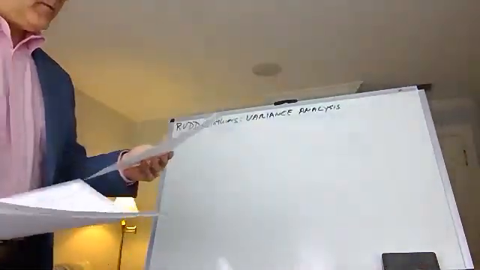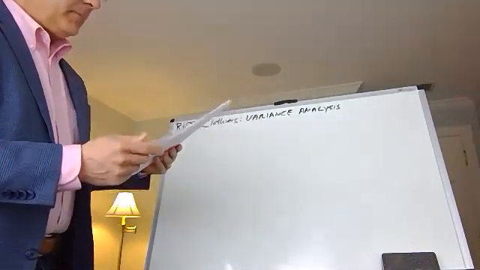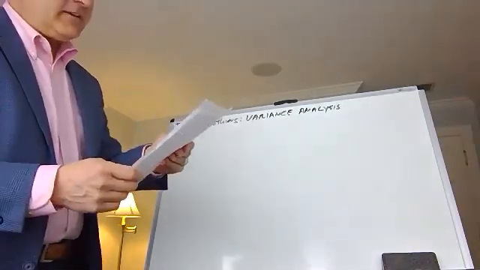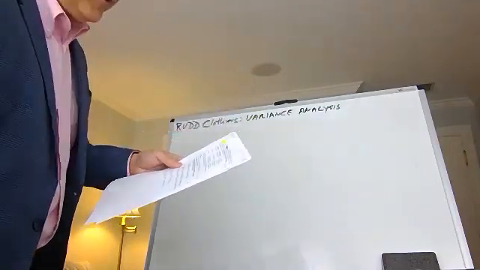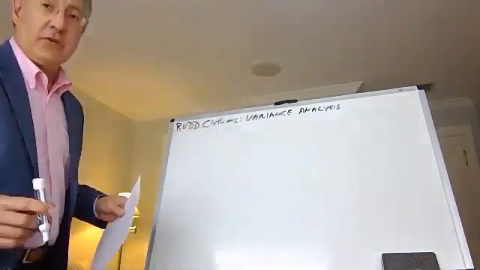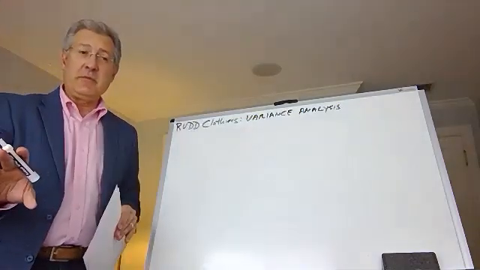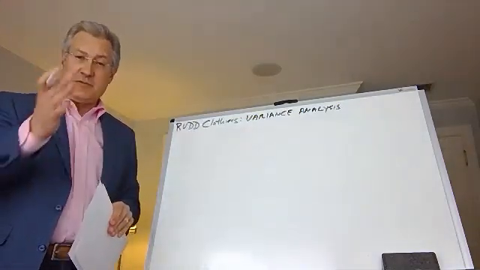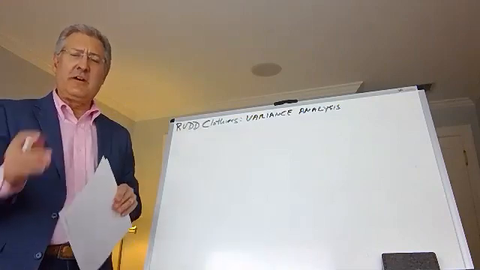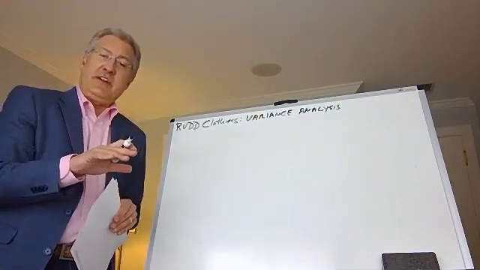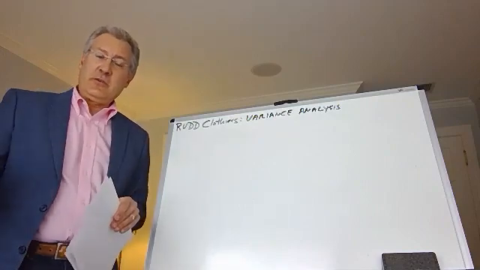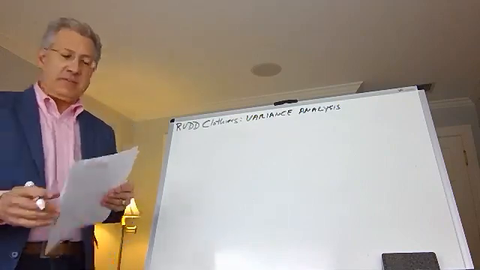Let's see. Continuing with the problem, it asks to calculate the variable manufacturing overhead and the fixed manufacturing overhead predetermined overhead rates. So let's remember the predetermined overhead rate. We've talked about it many times. The formula for the PDOR: total estimated manufacturing overhead dollars divided by total estimated activity base.